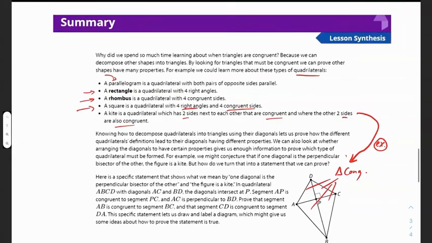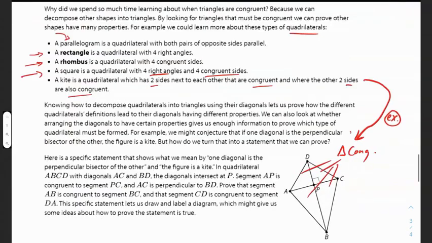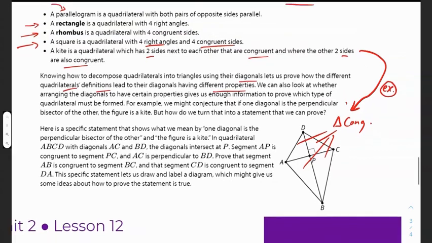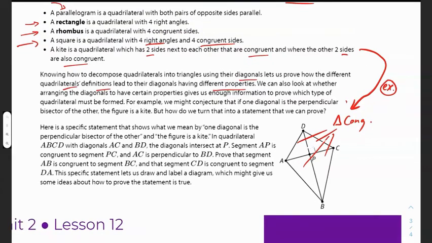All right, so in this example they give down below, they say knowing how to decompose quadrilaterals into triangles using their diagonals lets us prove how different quadrilaterals' definitions lead to the diagonals having different properties, okay? So notice how they did create some diagonals here. Let me clean this up a bit.